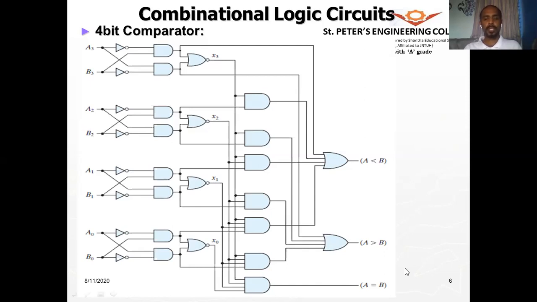So I hope the understanding of the 4-bit comparator circuit is easy to remember and trace and draw. Though the circuit looks a little complicated, it is not when you trace back and remember the output. All right. So I hope you'll be able to remember and do well in the exam.